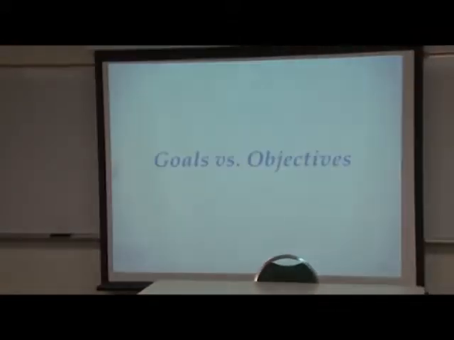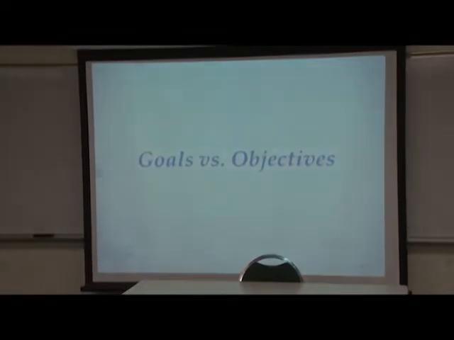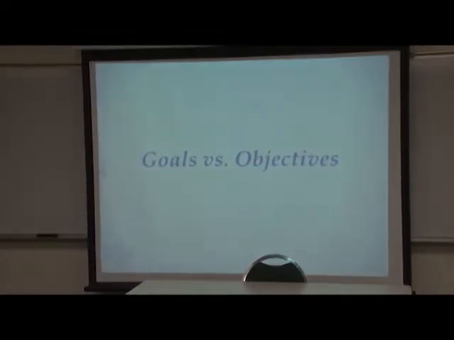You can measure whether or not, or the extent to which you achieve objectives. It's a direct measurement of objectives so that you can indirectly determine the extent to which you've achieved goals. Got that? We measure goal achievement indirectly by measuring objectives directly.